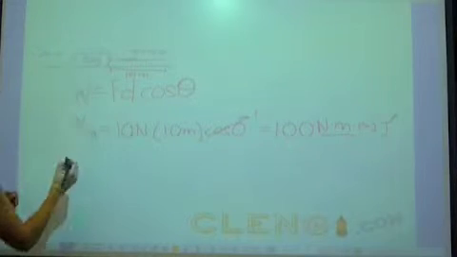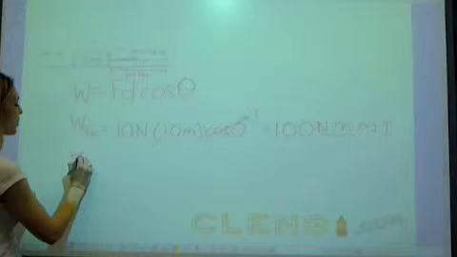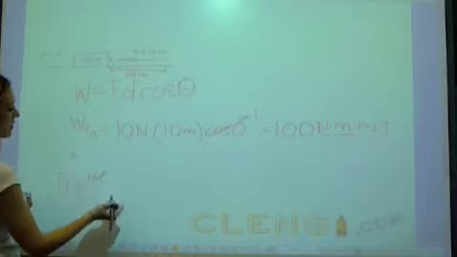And then for friction, just super quickly, we need to know the normal force. We know that the force of friction is equal to mu times Fn.